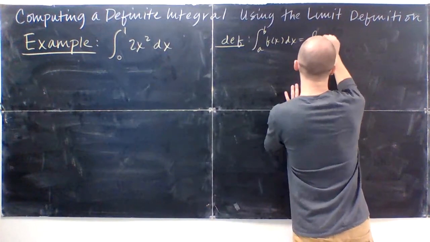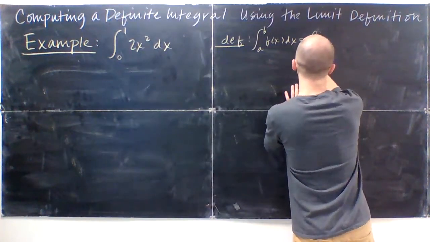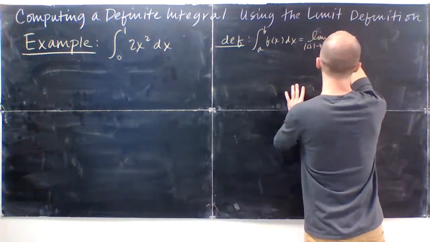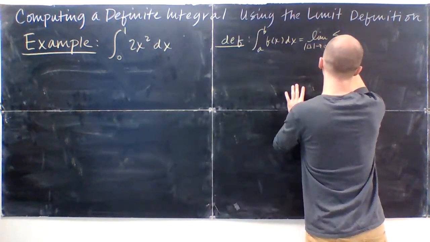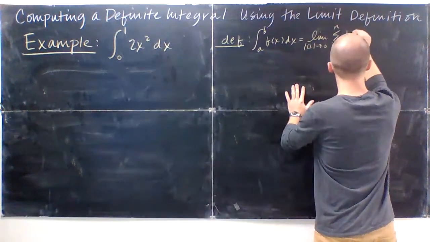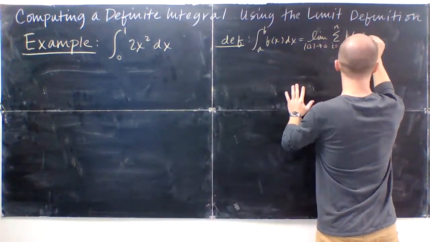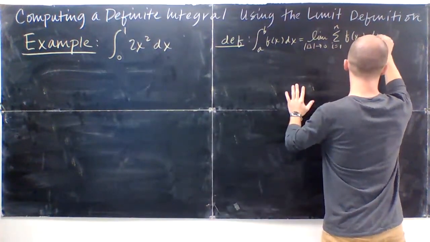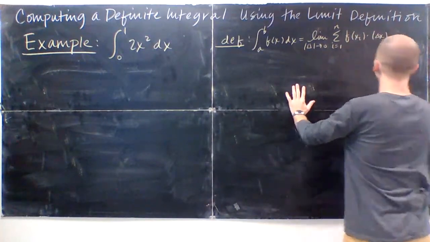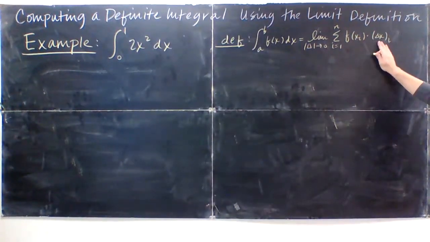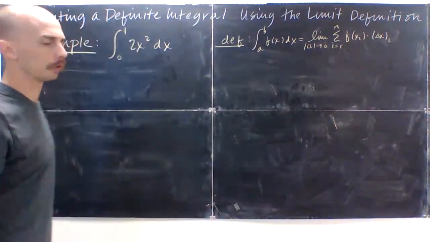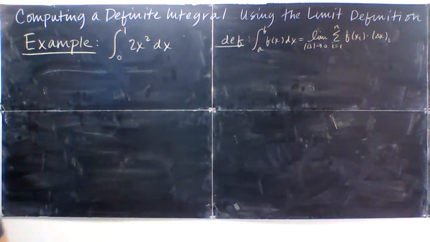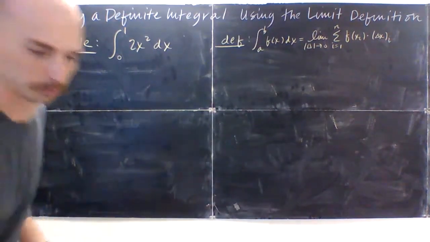So, the limit as the norm of the partition goes to 0 of the sum as i runs from 1 up to n of f of x_i multiplied by delta x_i, where this delta x could be different. You've seen the tables, right? The intervals are not always equally spaced. All right, and that's going to be the definition. I think I'll leave it there.